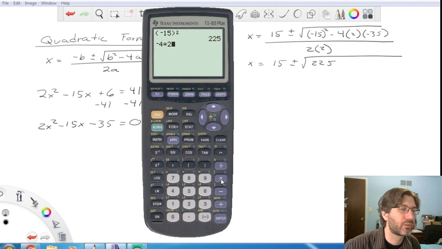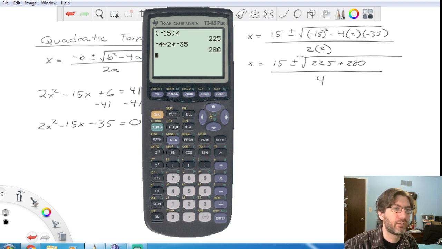Negative 35 times negative 4 times 2 gives me a positive 280. That is all being divided by 2 times 2, which is 4. Go ahead and simplify the 225 plus the 280. So 280 plus 225 gives me that.